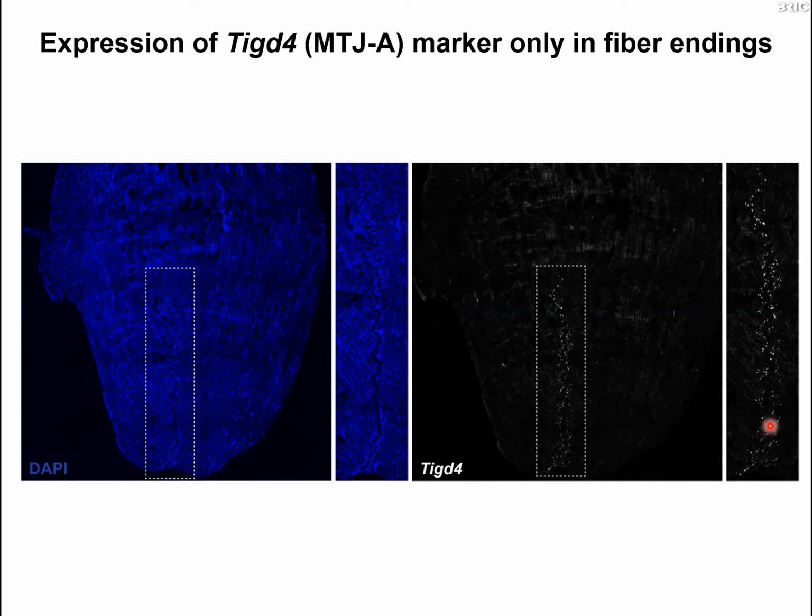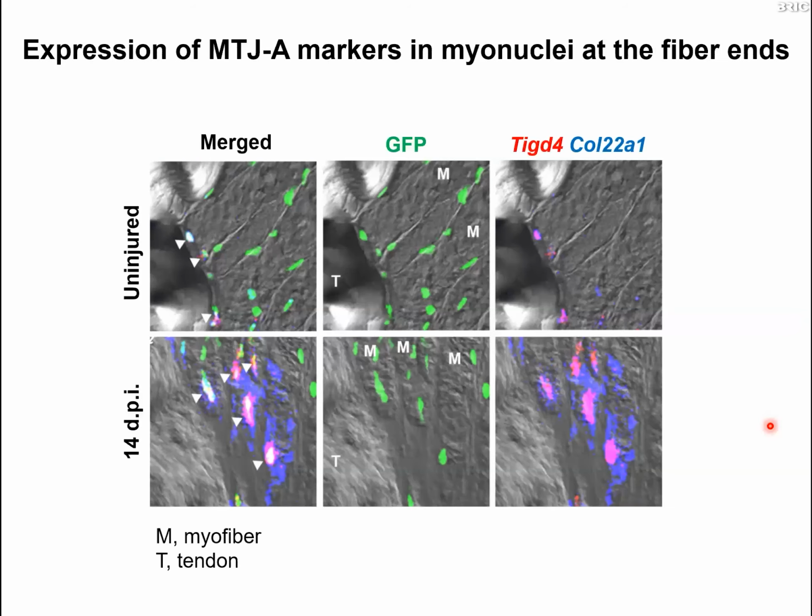Now, when we zoomed into this image to confirm the expression of TIGD4 from muscle nuclei, that was indeed the case. So in these images, on the left side is the tendon, and to the right side of the tendon, you can see these arrays of myofibers coming and contacting the tendon.